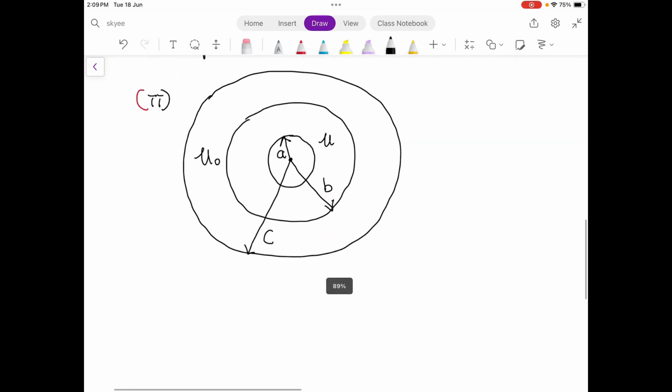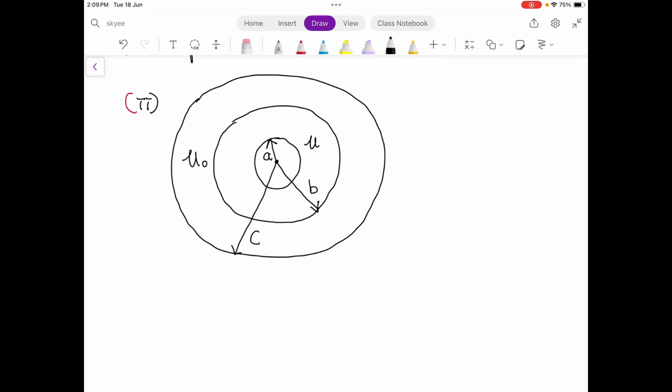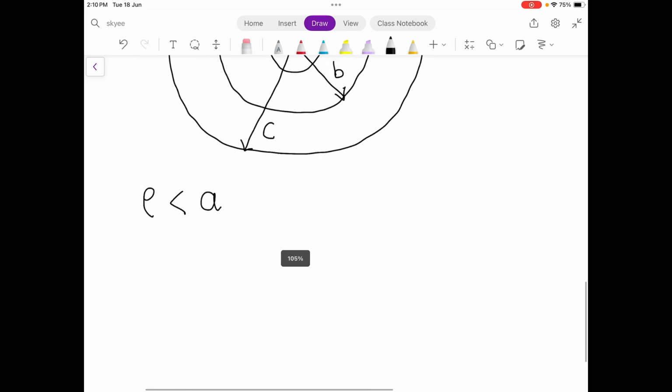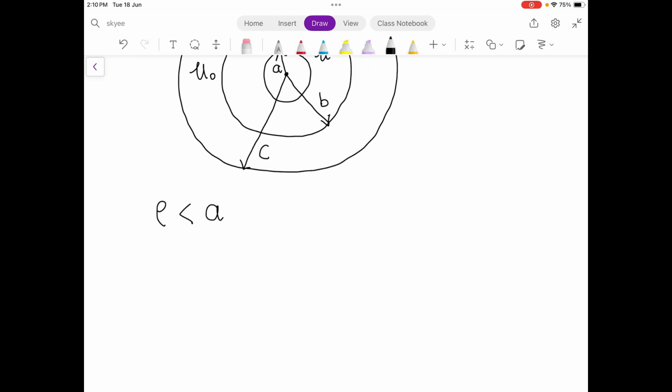We go to region number 1 first, which is rho less than A, meaning this part. I will draw again, make it a bit bigger.